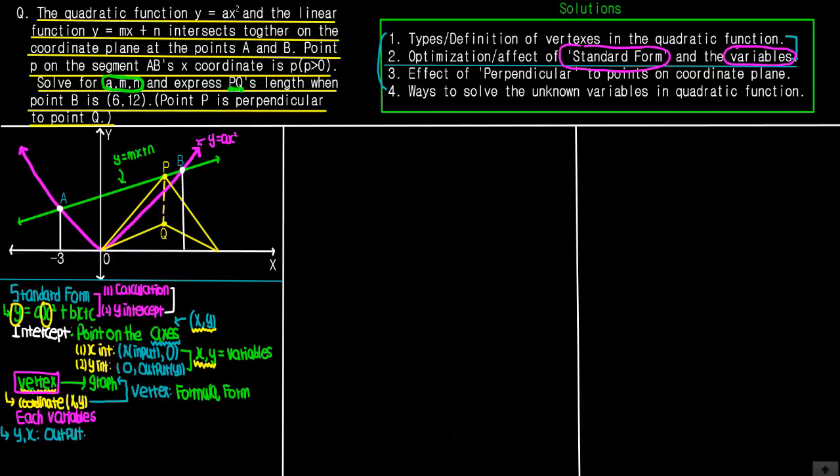Y will be the output, x will be the input of our specific function, and they are the things that actually generate our quadratic or even some other specific functions. If there is no output and input, we won't be able to call it a function. If there is no output and input, we'll just call it an equation.